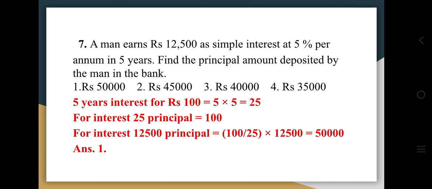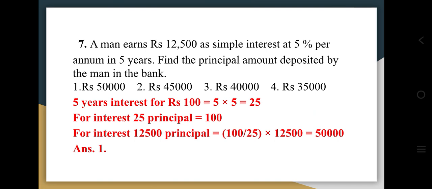So if you take the principal amount as 100, the 5-year interest for the amount 100 is 5 into 5, because the interest rate is also 5. It is 5 into 5, that is 25.